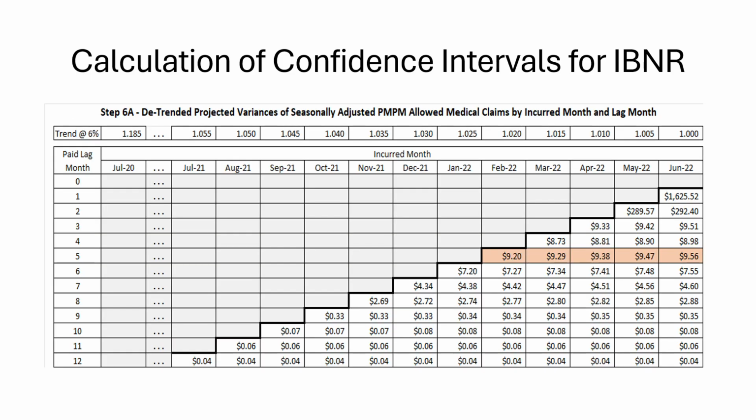So note here that the lag month 5 variances are no longer the same. For example, for March, the detrended variance is equal to $9.56 divided by 1.015 squared equals $9.29.